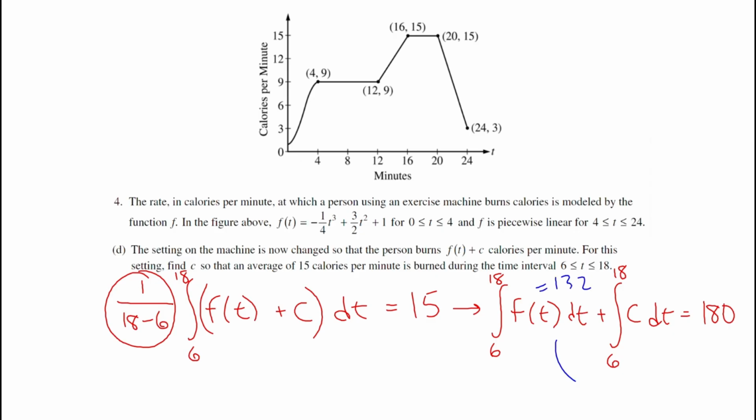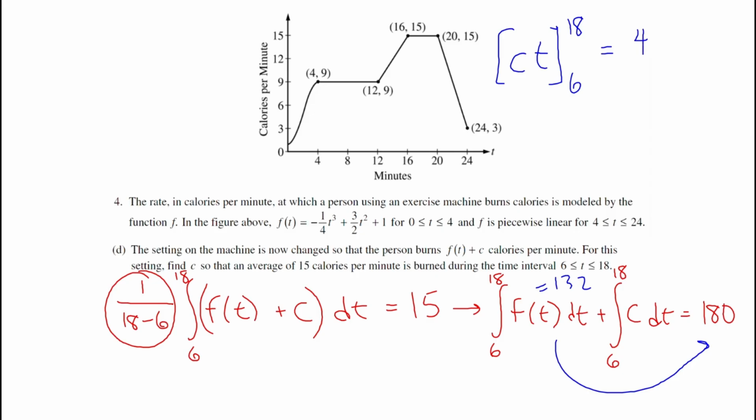So if I subtract that over here, 180 minus 132 is going to be 48. So what we've now got is that the integral from 6 to 18 of c, which is just c times t evaluated from 6 to 18, needs to equal, what did we say it was, 48?